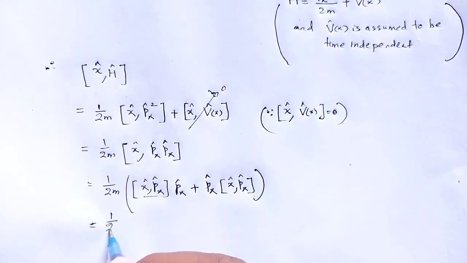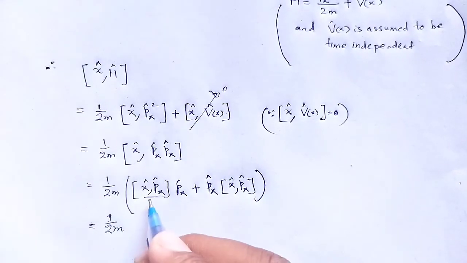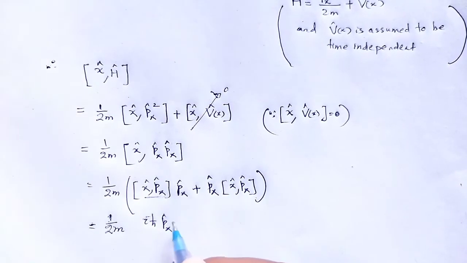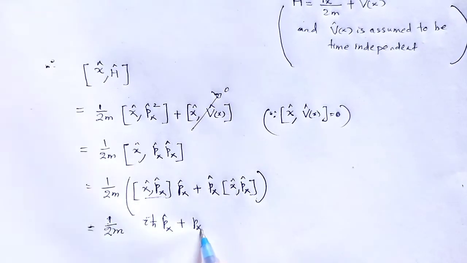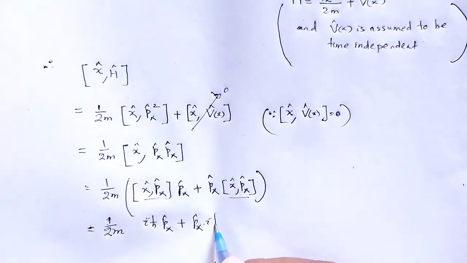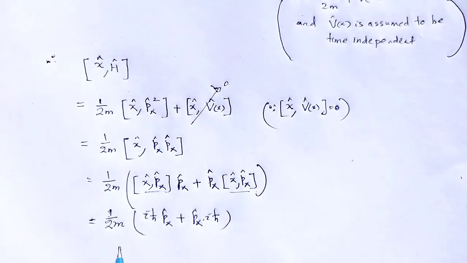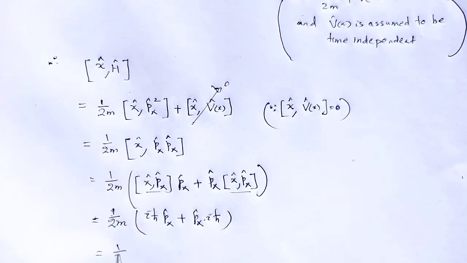We have already discussed throughout our videos the commutation relation of position and momentum, that will be iħ. The commutator of x and Px squared gives iħ Px plus Px iħ, that means 2iħ Px, times 1 by 2m.